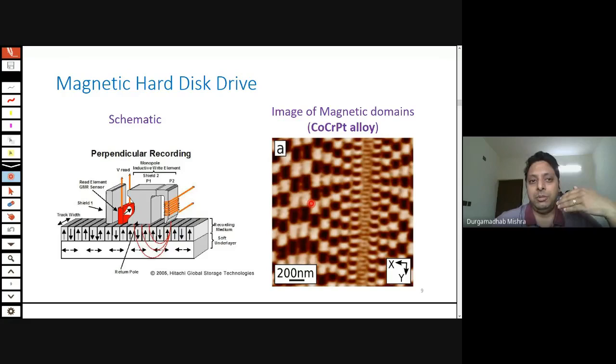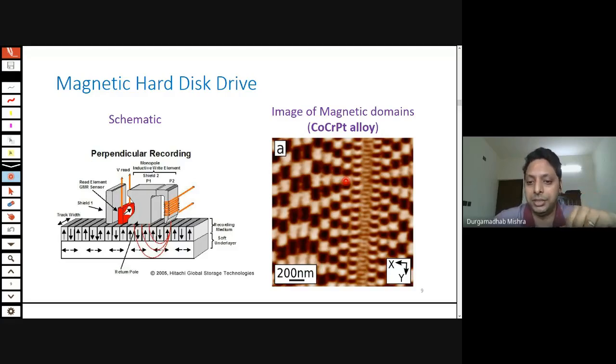There are ways to image these domains. Look at these dark and bright spots. The dark spots are maybe domains pointing down, and the bright spots are domains pointing up.